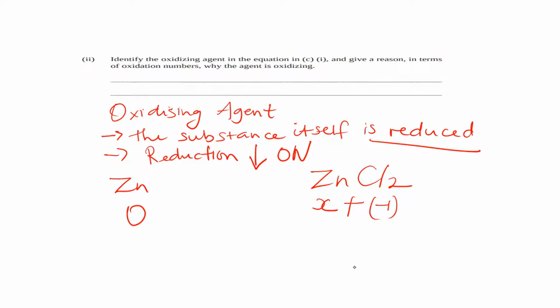You'll know that in time, from doing these type of calculations. And since there's 2 of them, multiply that by 2, and the sum of all the oxidation numbers of elements in a compound is equal to 0. So therefore, simple transposition, we have X being equal to +2, right? Yes. So as we can see, there's an increase in the oxidation number.